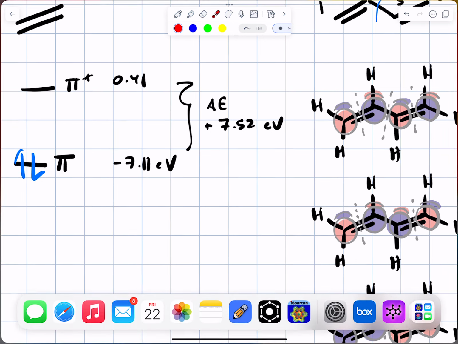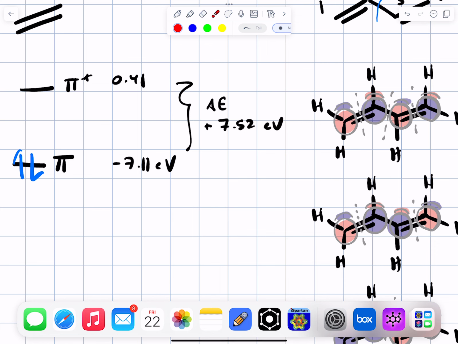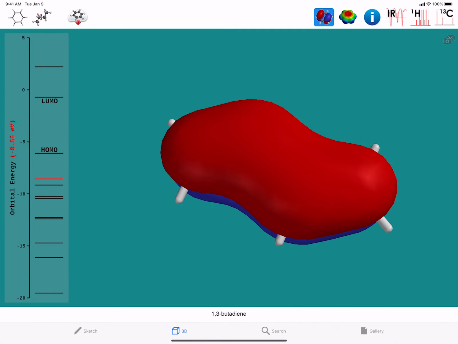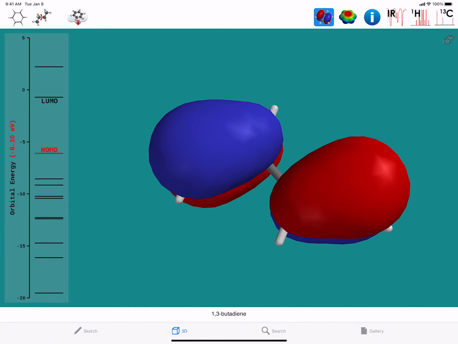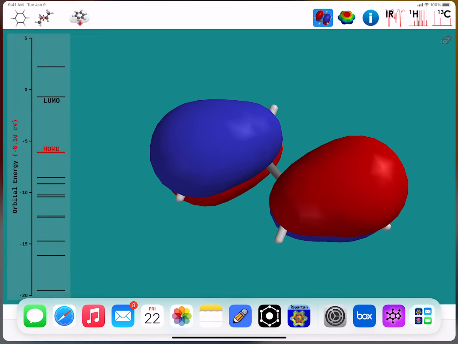Now let's look at the energy for the electrons in the lowest energy fully conjugated orbital, minus 8.6. So that's this stabilizing effect of conjugation. The electrons that are spread out over more atoms, they get to experience more nuclei, they get to take up more space. That's favorable from a kinetic energy point of view and a potential energy point of view. In any case, the number we want to remember for the HOMO is minus 6.1.